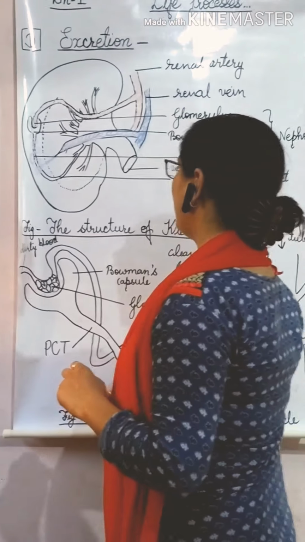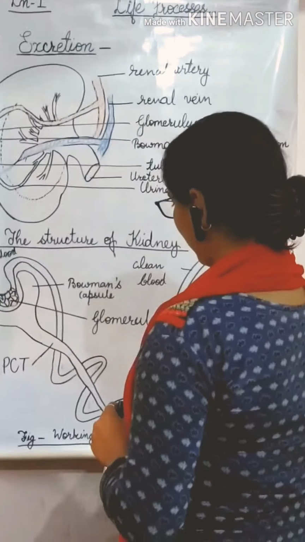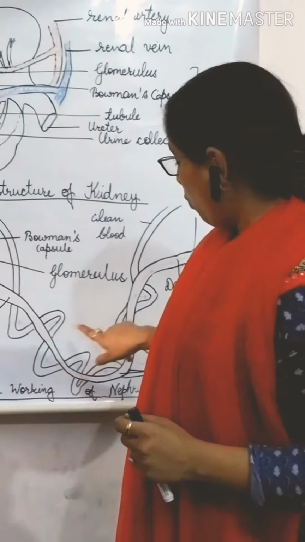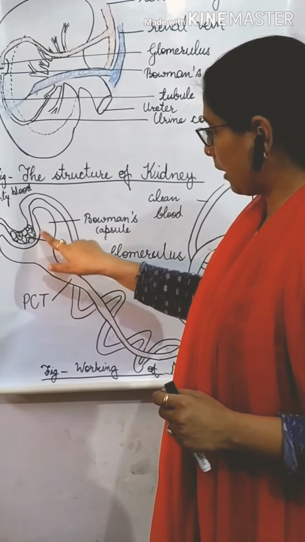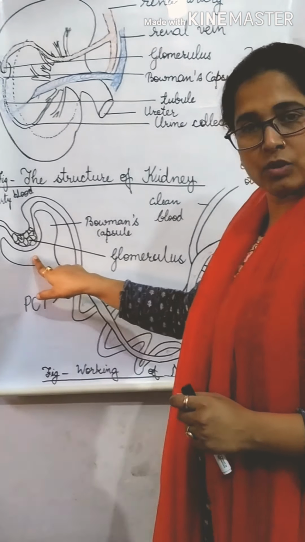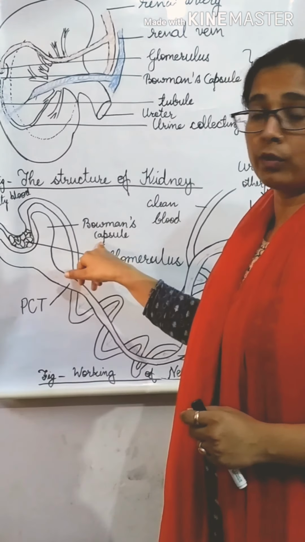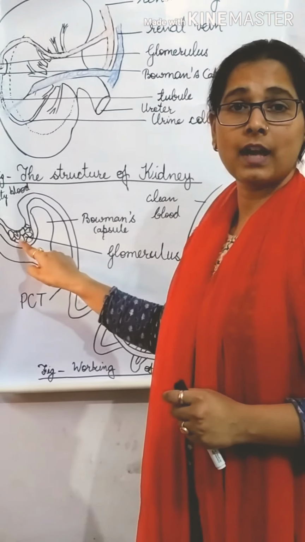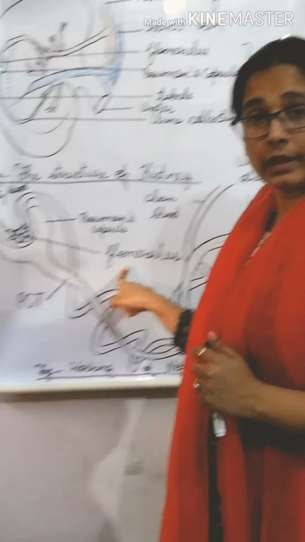I'll show you how. Here, this is one part of one unit cell of the kidney. Here, one end of this tubule is in a cup shape. This cup shaped part of the tubule is named Bowman's capsule. And as you can see inside it, clusters of blood capillaries are present. They are called the glomerulus, right?